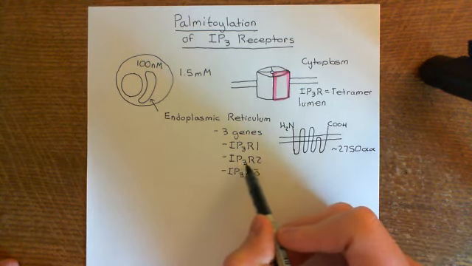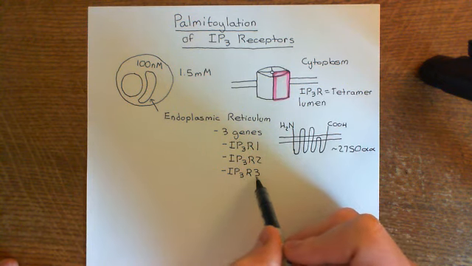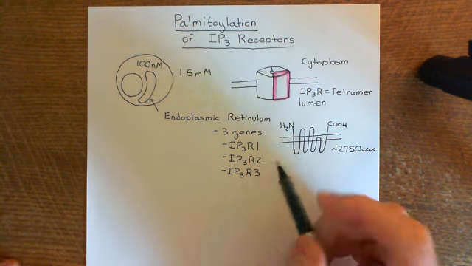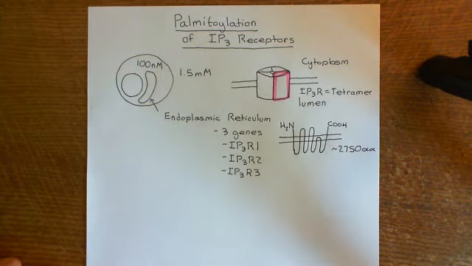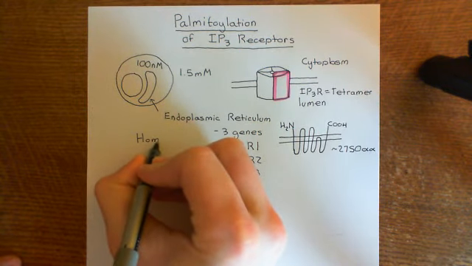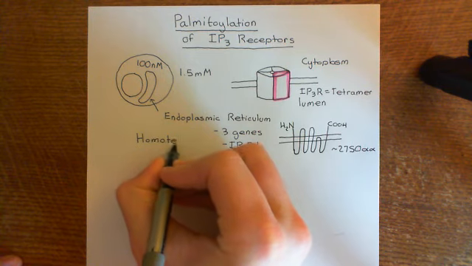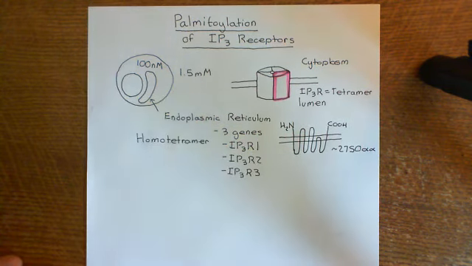We could make a tetramer out of IP3 receptor subunit 2s. We could make a tetramer out of IP3 receptor subunit type 3s. This sort of making of a tetramer where you use 4 of the identical subunits would be called a homotetramer. So homo means same. So it's called homotetramer because you're using the same subunit 4 times, basically.